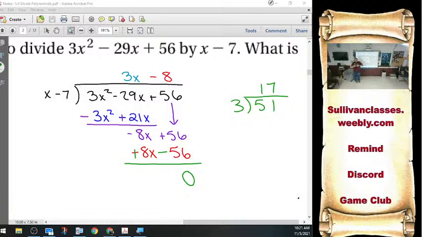Factor is part of. Okay? 3 is a factor of 51. 17 is a factor of 51. So that means this polynomial factors into this evenly without anything left over.